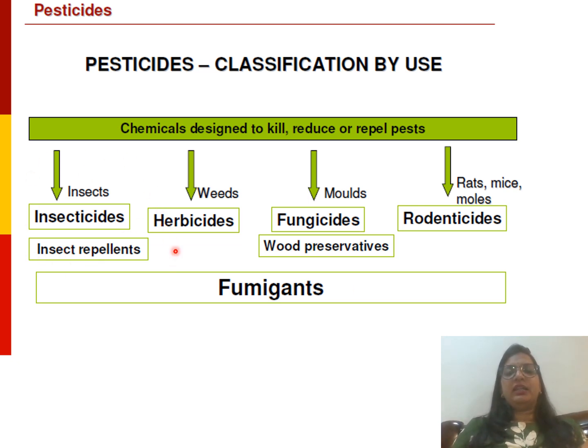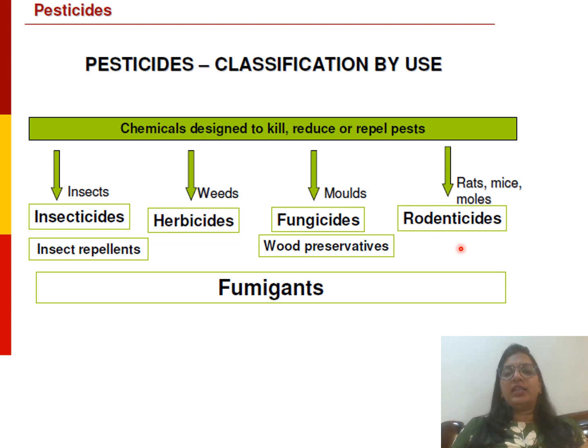Similarly, the second category, herbicides, is used to kill or remove unwanted plants known as weeds from agricultural fields. If we want to remove or kill molds or fungus from food items or from materials, then such pesticides are known as fungicides.